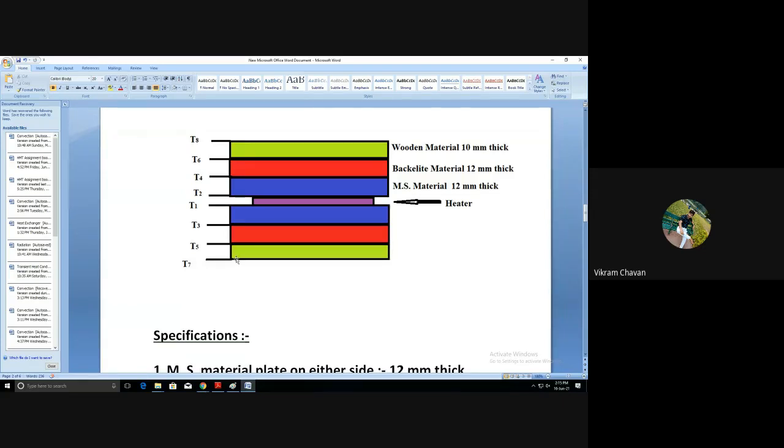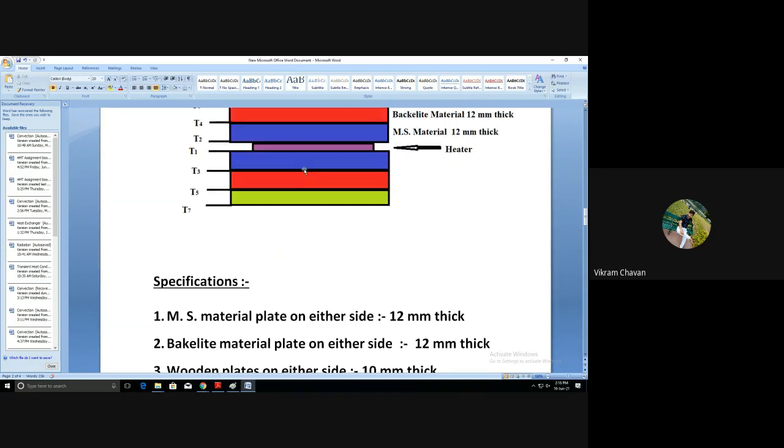After the wooden plate, the T7 thermocouple is placed, which will measure the end temperature of the wall and of that wooden plate. In a similar fashion, in the upward direction, the T8 thermocouple is placed centrally after the wooden plate, which will also measure the end temperature of the upper side composite wall.